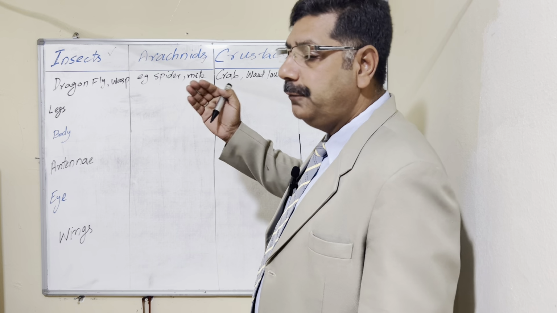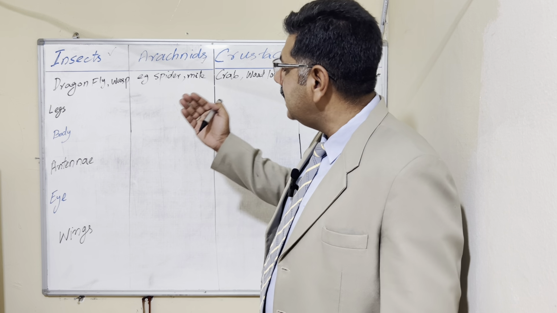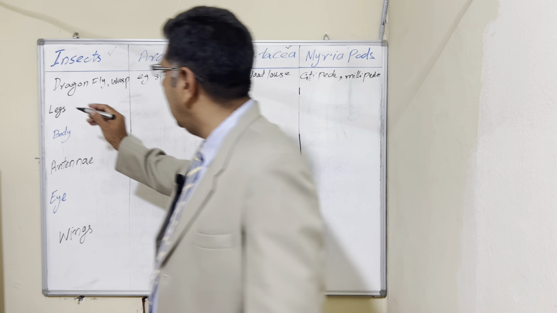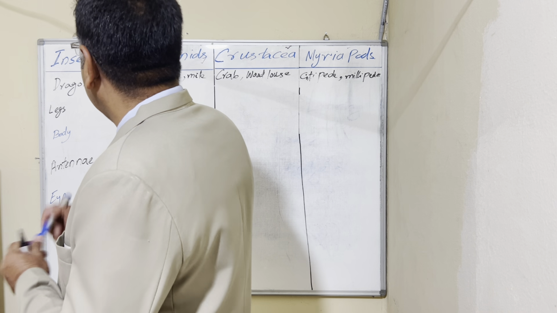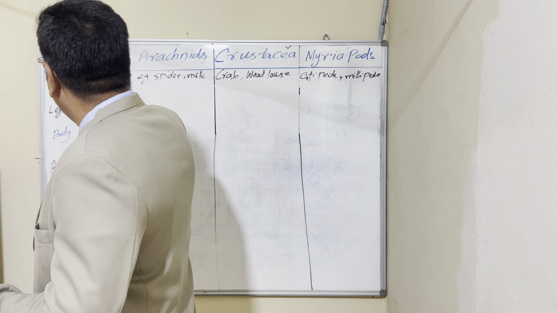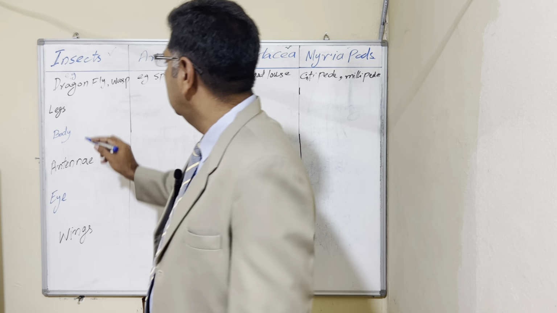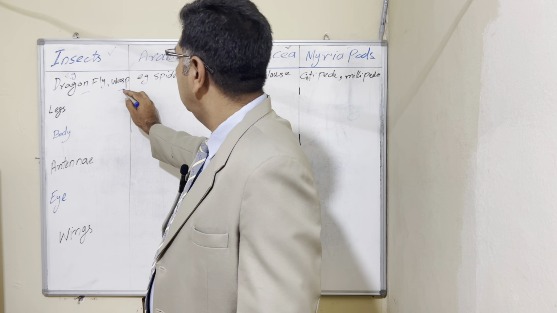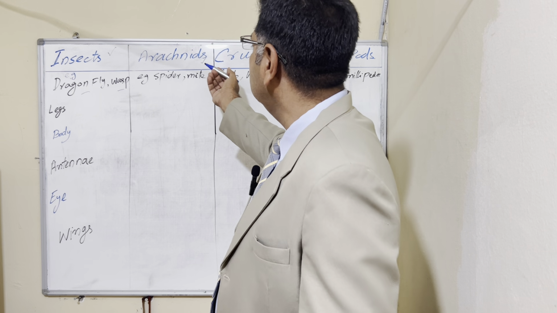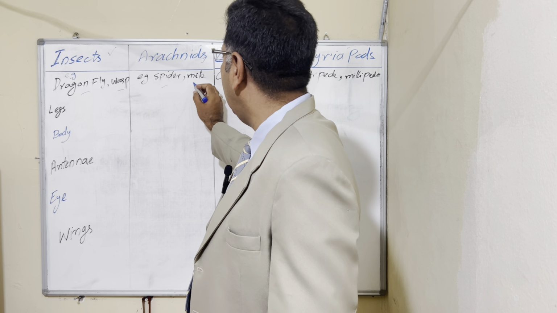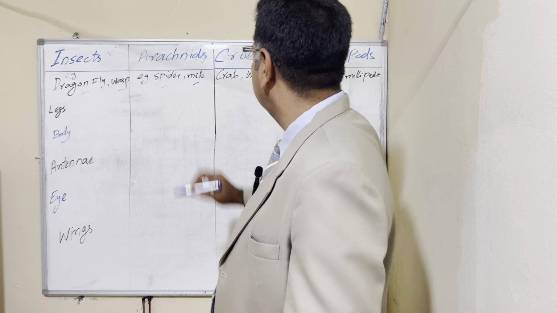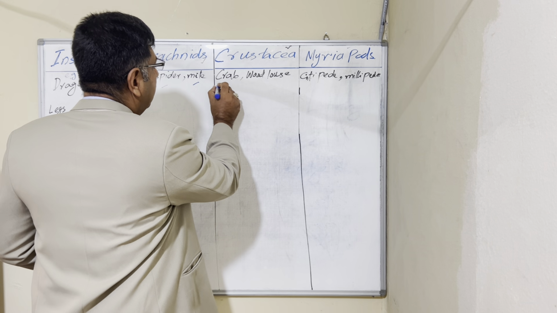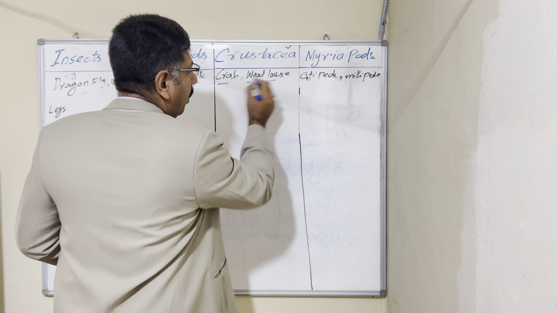As for the features of insects, we will discuss them, but let's first look at the examples. For insects, it's a dragonfly and a wasp. Then arachnids, we have spider and mite. Then in the crustacea, we have crab and woodlouse.